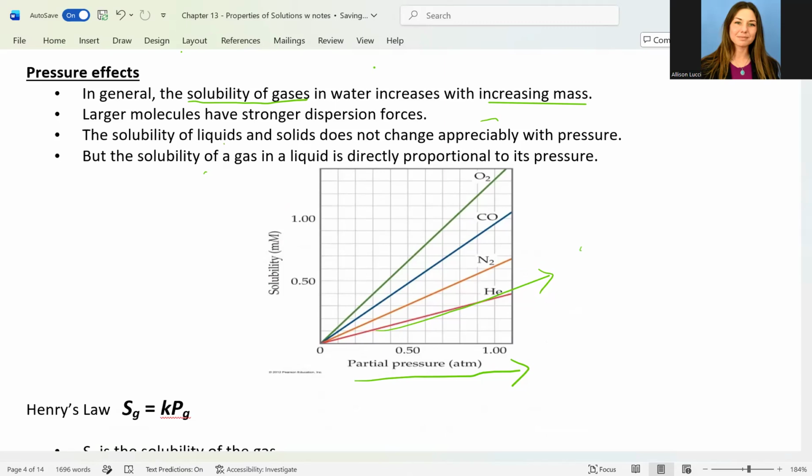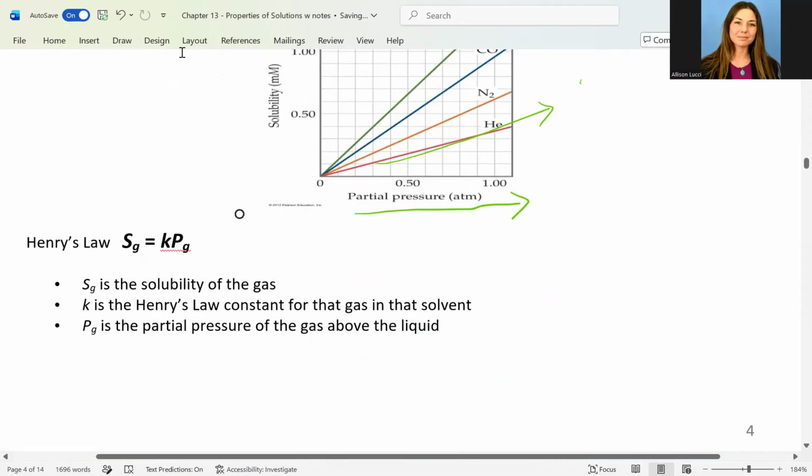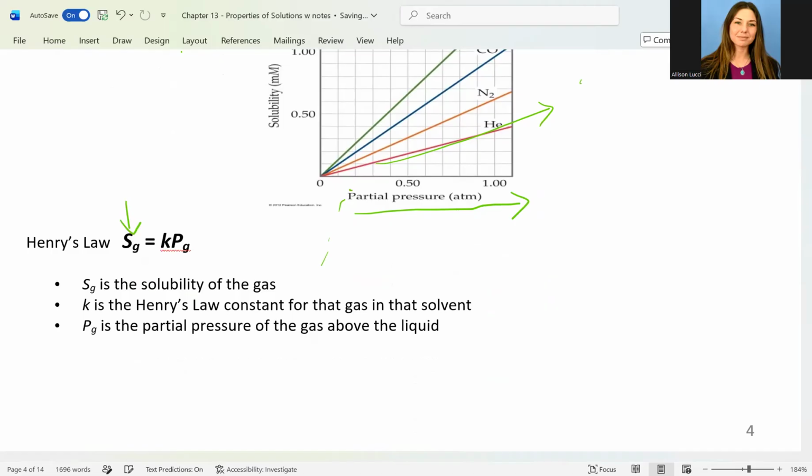So that brings us to this equation here and this relationship called Henry's law, where we could define the solubility of the gas, S sub G, as being equal to, sometimes this is KH, you'll see, the Henry's law constant, specific for that gas and that solvent.